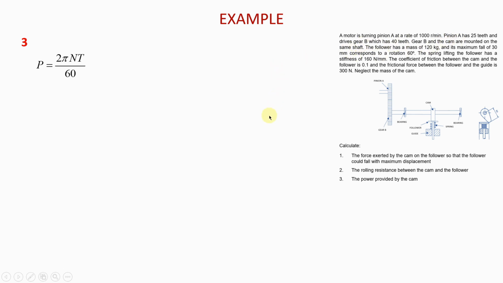You have the number of teeth, so you can relate their RPMs using this equation. The RPM of pinion A multiplied by the number of teeth of gear A is equal to the RPM of gear B multiplied by the number of teeth of gear B. T here is the number of teeth, it's not torque.